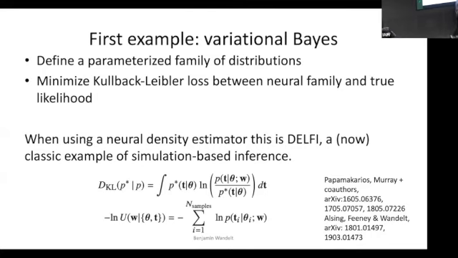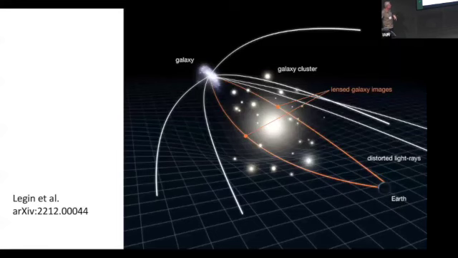You try to estimate the true one, and you have your family that's parameterized by some parameters, weights, for example W, the neural family, and then you approximate this integral by a sum over your training set, and then you minimize this as a function of your weights. And that will give you an approximation, in this case, of the posterior, of the likelihood of your data.